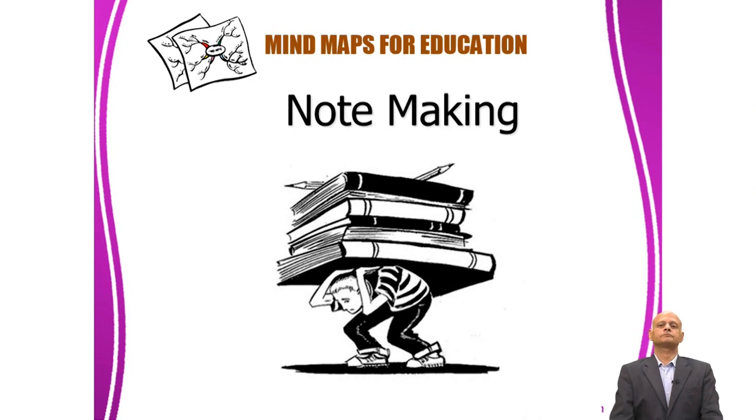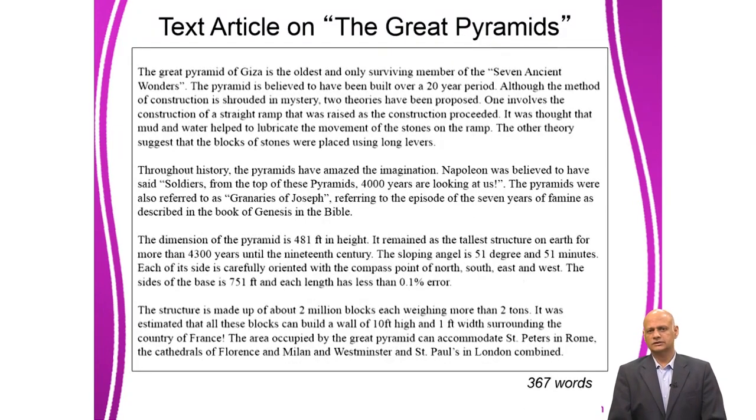Note making. How does a mind map change the way you work? We have seen hundreds and thousands of such passages, right? The traditional way of note making. Our textbooks are full of such kind of pages.